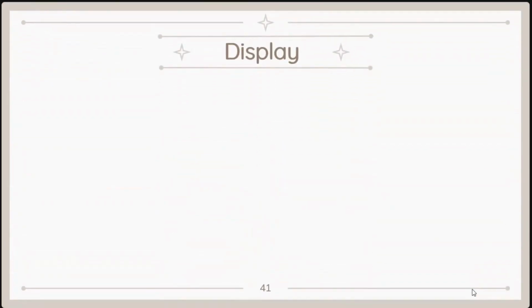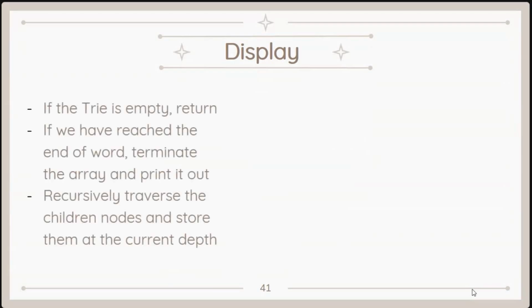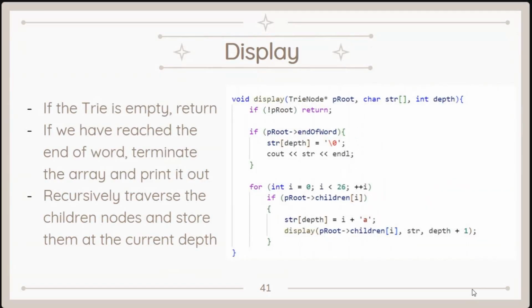And of course, we need to know what is in the trie, right? We have a display function. Of course, we need to check if it is empty or not, and if we have reached the end of word, because before that we have defined a pointer, or in this case I have defined, let me say, an array of char.